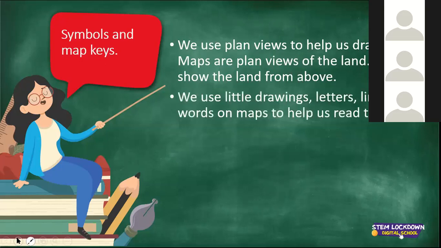So we use little drawings, letters, lines, and words on maps to help us read the map. So symbols and keys help us to read the maps, okay?